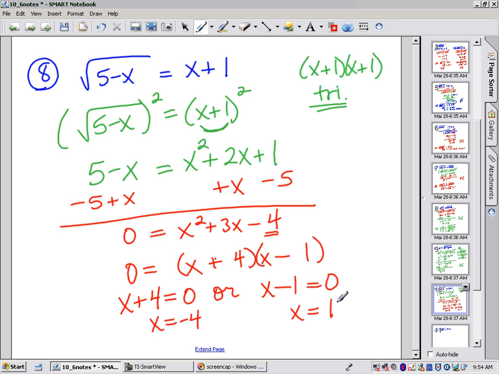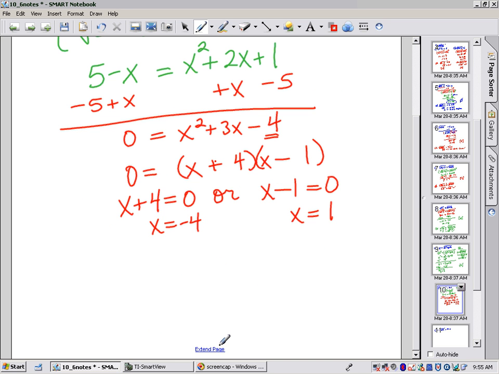Now, if you're in a hurry, you would say both of those are the right answer, but let me show you that when we check, we actually find out one of them doesn't work. You actually could get an equation where both of these work, or neither works. It just depends on the equation that you have. If I plug in, my equation was the square root of 5 minus x, so the square root of 5 minus negative 4 is equal to x plus 1, so that was negative 4 plus 1.